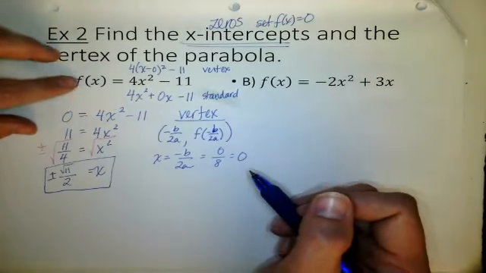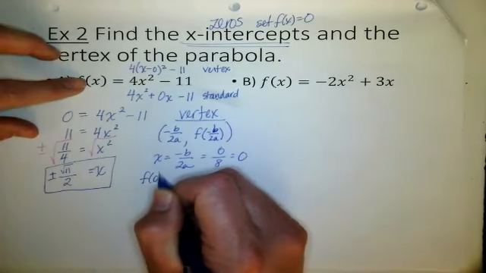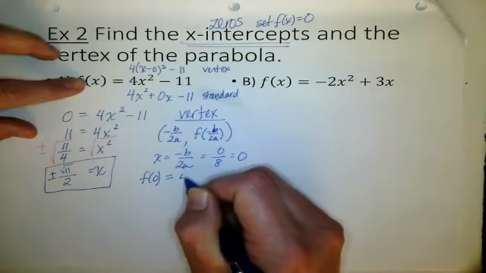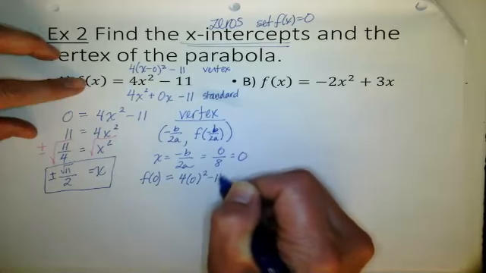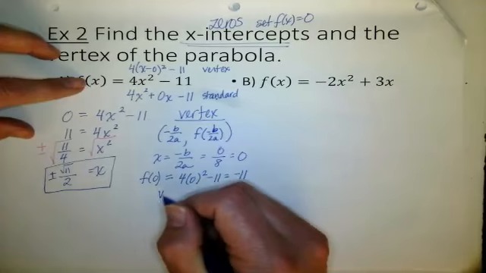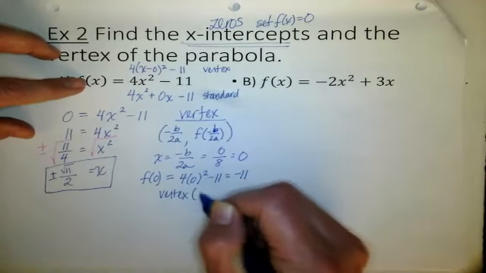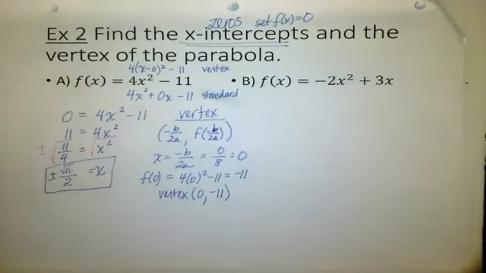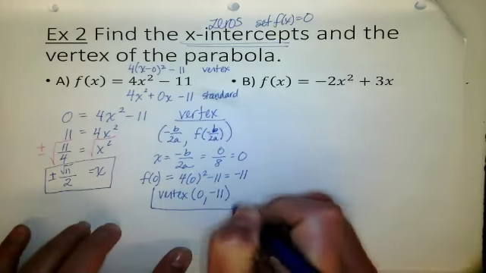And if I plug that in, 4 times 0 squared minus 11 gives me negative 11. So my vertex is 0, negative 11. So x equals negative b over 2a is really useful to remember to find the vertex. Plug it back in to get the corresponding output value. And that's what we need to find.